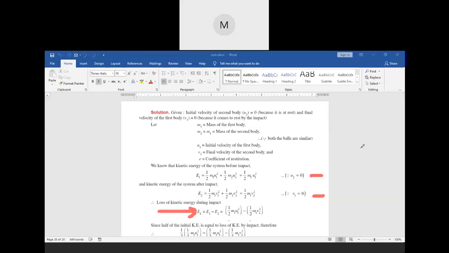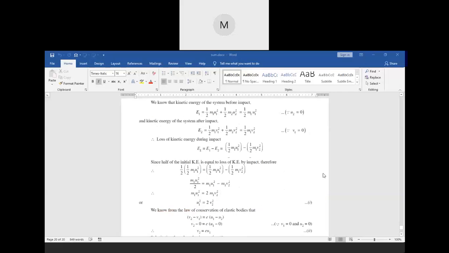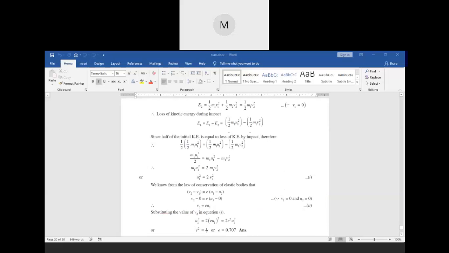So the difference will be found in this manner: half m1 u1 square minus half m1 v2 square. This will be the loss in kinetic energy because of that impact. So now you just put this equation in this manner.